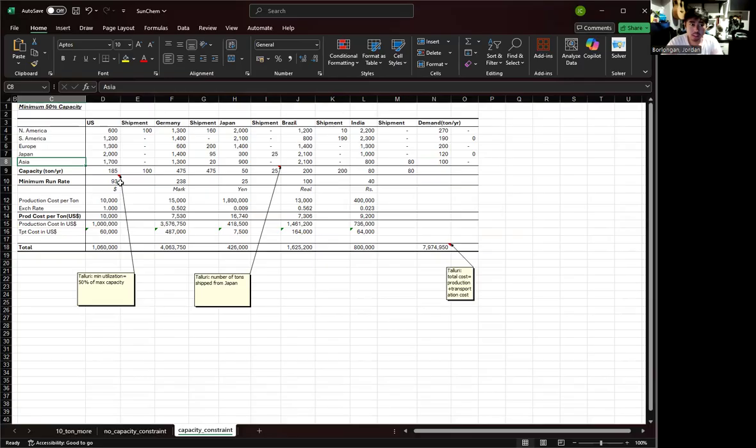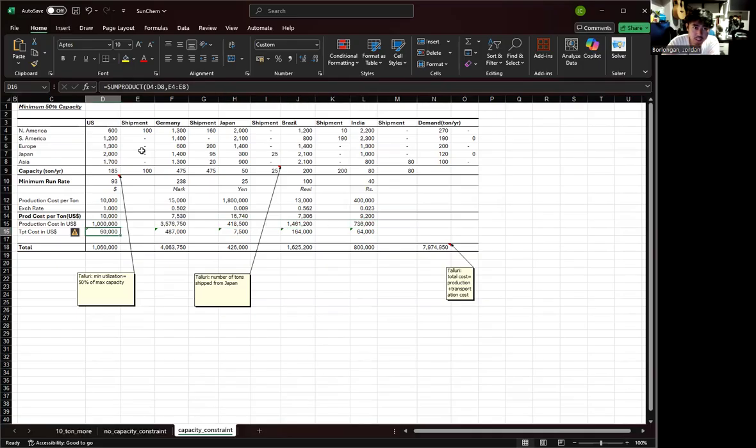To compute the total cost, you also need to consider the production cost as well as the transportation cost, and summarize all of it. The production cost is computed by multiplying all of this given data as well as the capacity right here, for all of the locations.